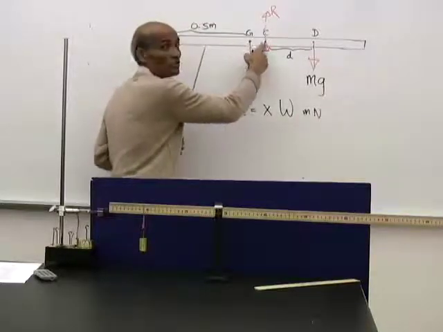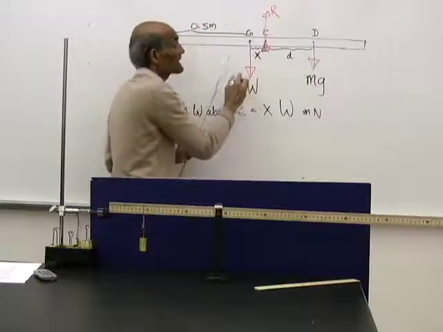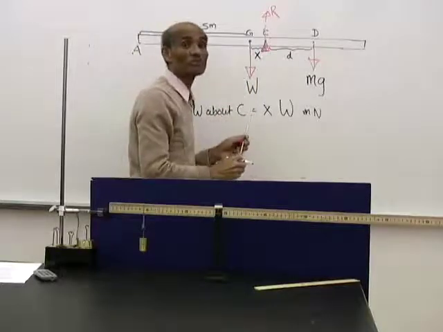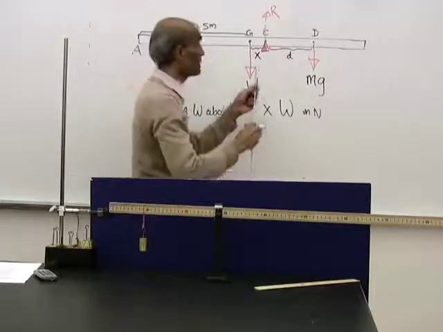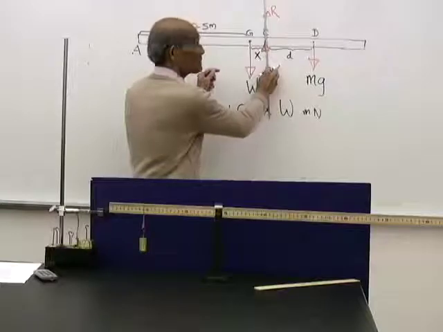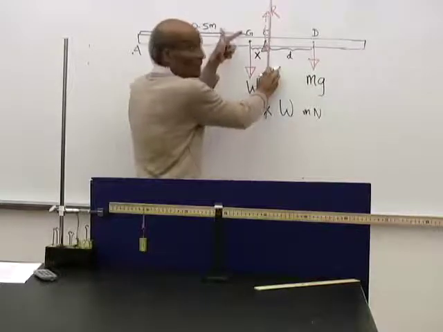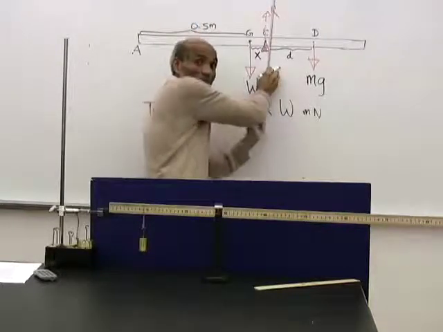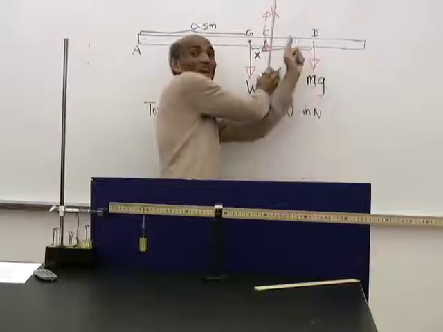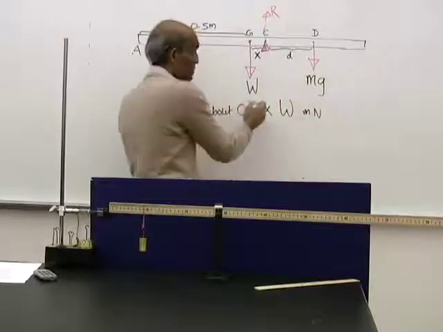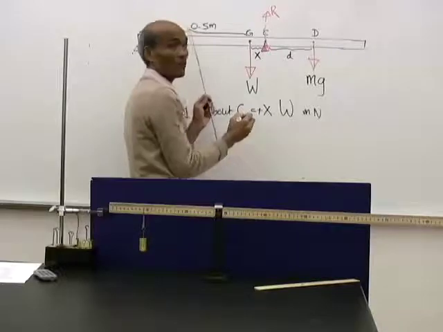X is the distance, W is the weight. Tell me, is that a positive torque or a negative torque? This is the axis of rotation, and W will rotate the ruler in the counterclockwise direction. So this is a positive torque.